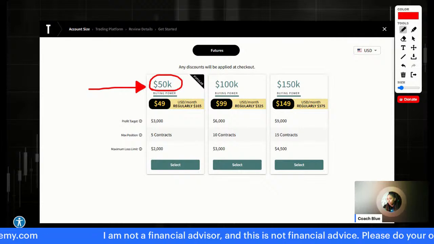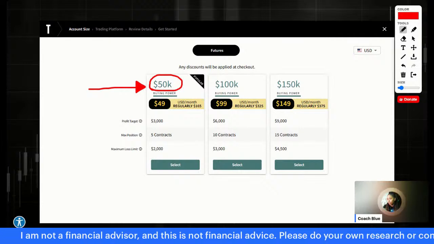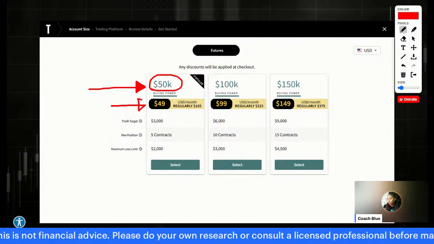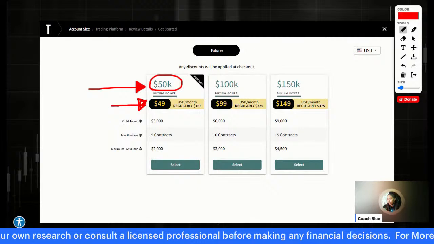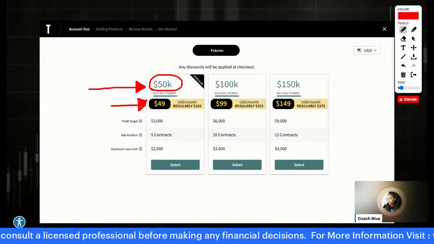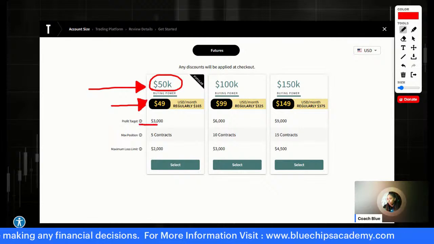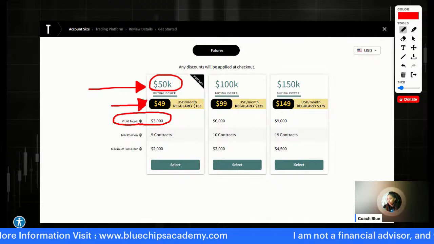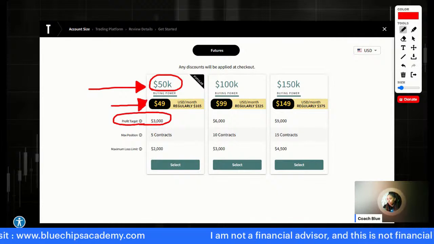But let's look at this. So this $50,000 account, and you put up $49. Let's just say $50 to round it up. And what Top Step says is, if you can grow this $50,000 account to $53,000, we're going to give you access to an express funded account.